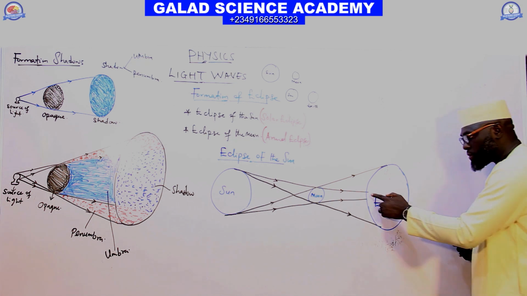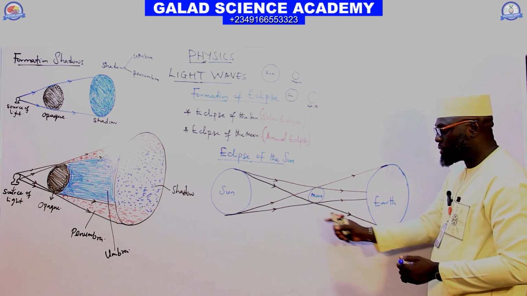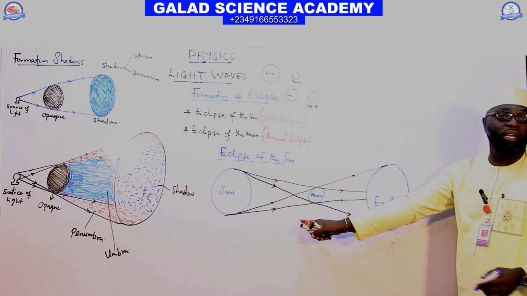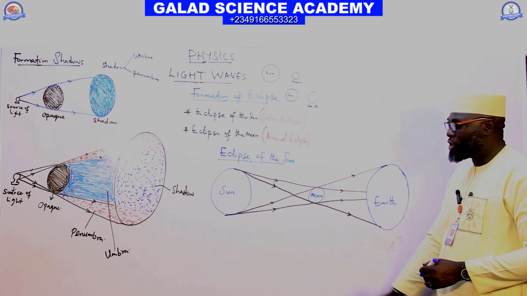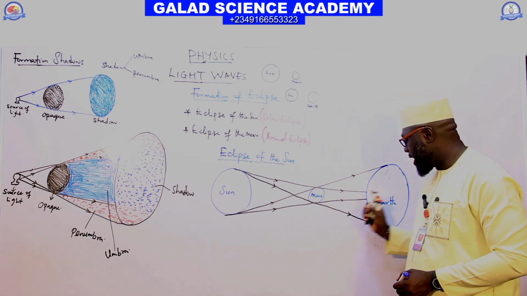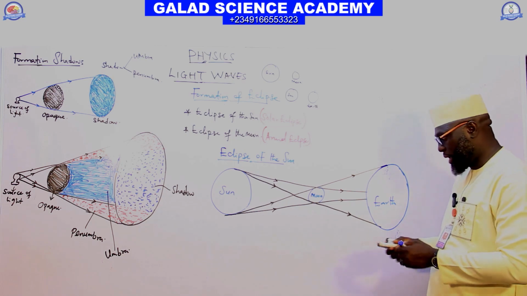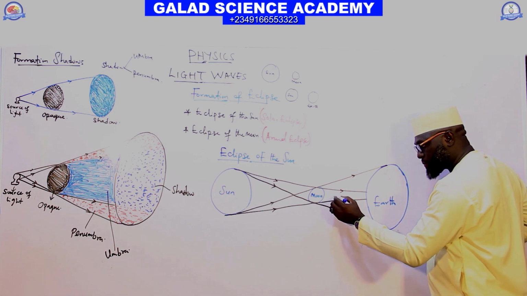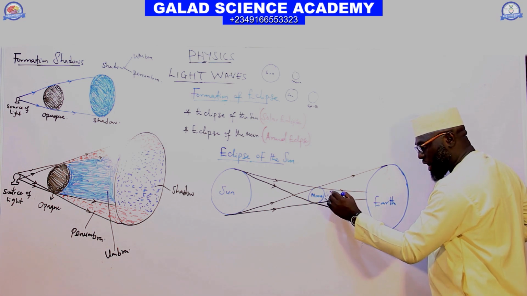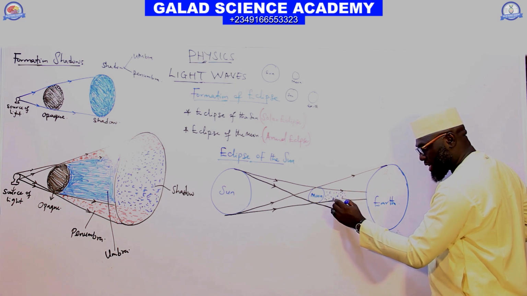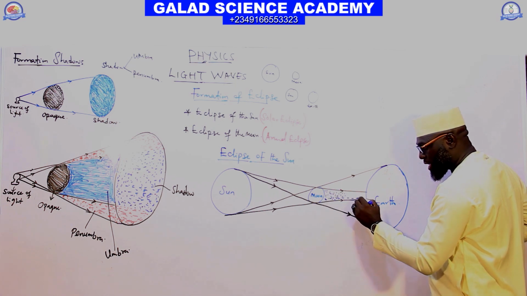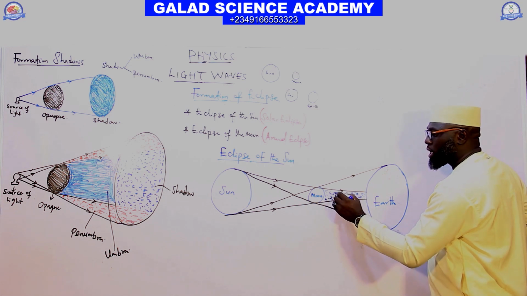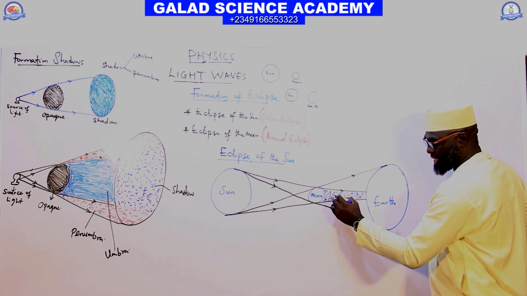So when the moon is between sun and earth, the three of them are in the same straight line. The sun is luminous, the earth and the moon are opaque. So you can now see that everything you have in this region here is total darkness.